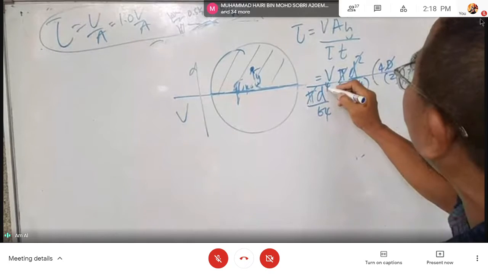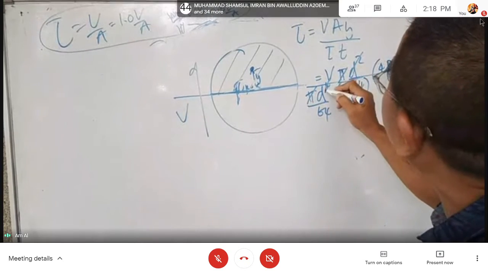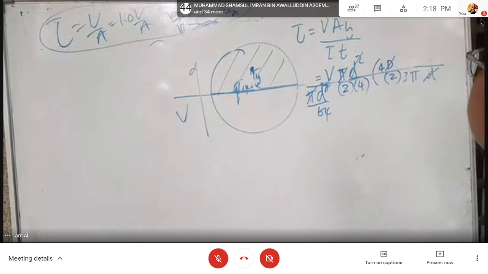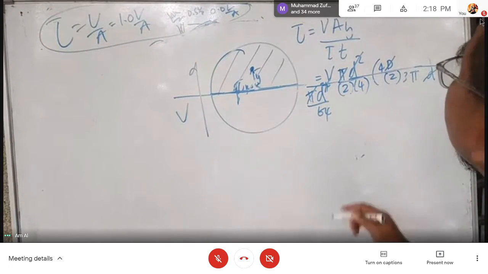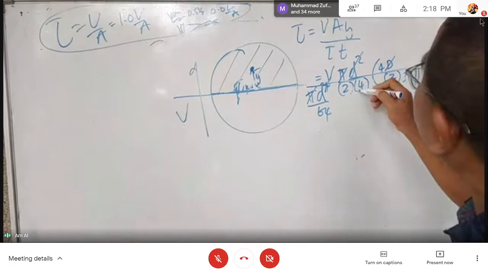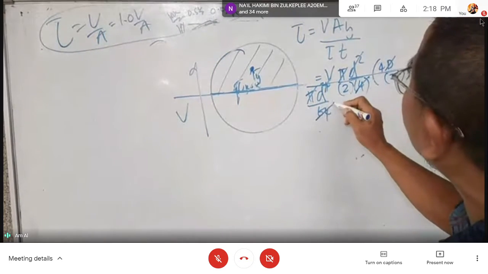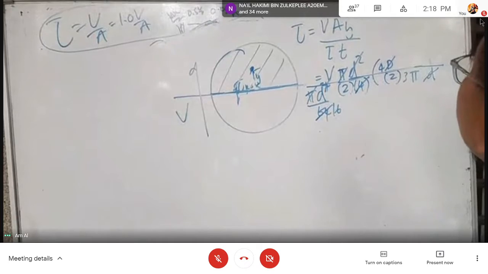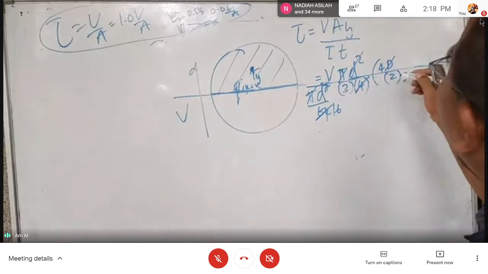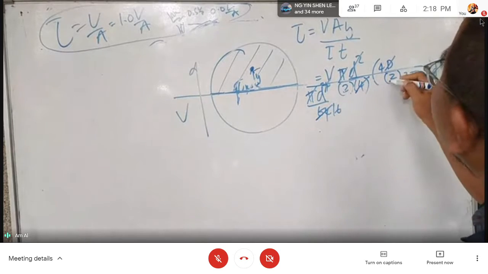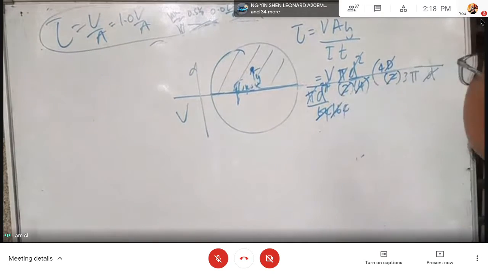Before we have a D square here, we don't have a D square there. So what do we have there? This is 4 and 64, that's 16. What else? 2 and 2, 4. 4 and 4 cancel out, this becomes 4. So what do we have there?